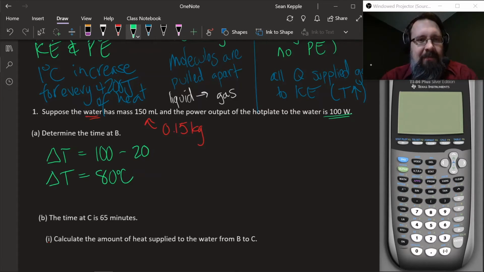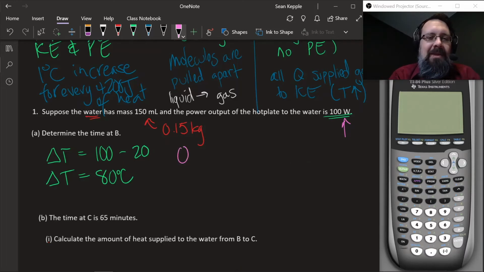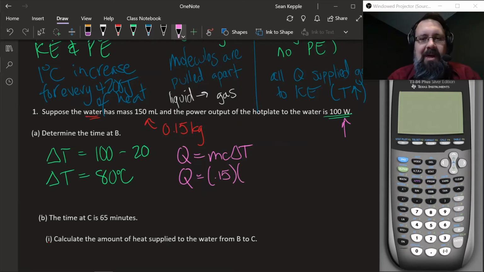Okay, and so then from there, we want to find the time it's going to take. So how do we do that? Well, we know the wattage, so we know the power, we know how quickly we're adding energy to it. So what we basically need to figure out is how much energy we added to the water. So that's going to be our Q equals MC delta T. We're just going to take the mass of the water, which is 0.15. I'm not going to put any units here because we know it's going to work out to joules.